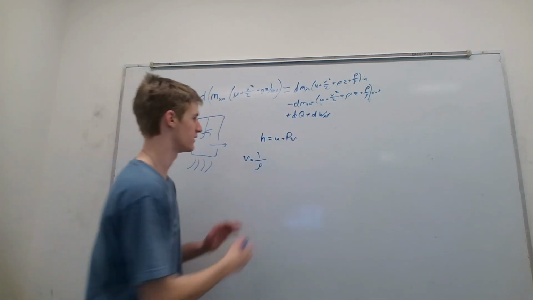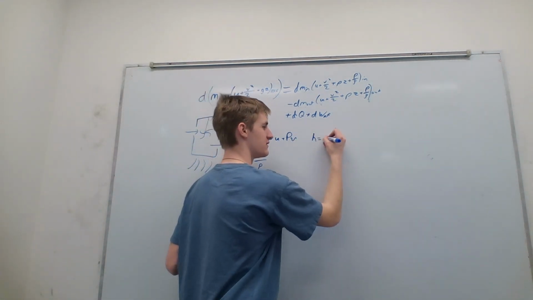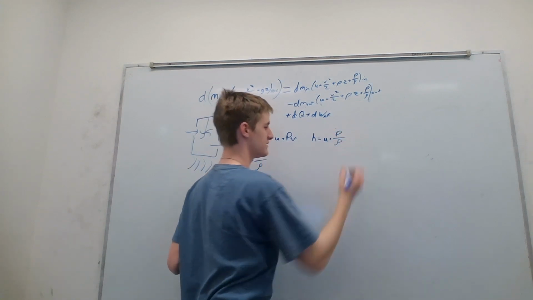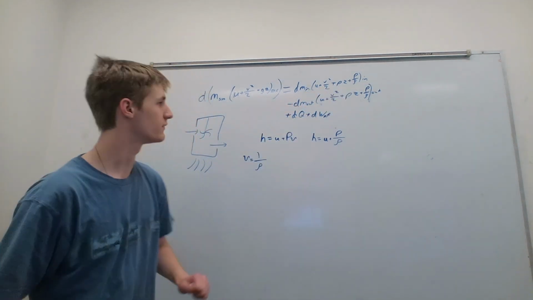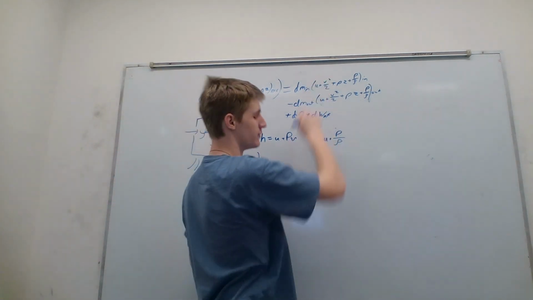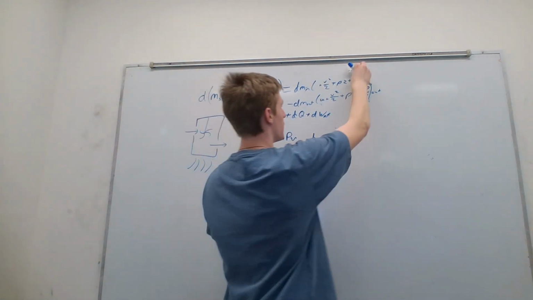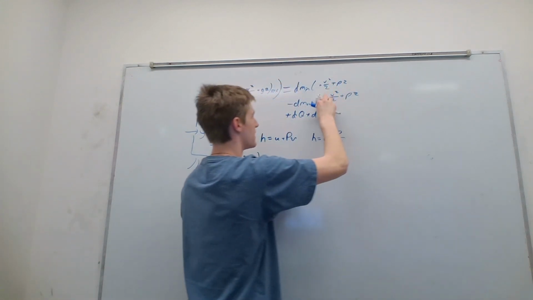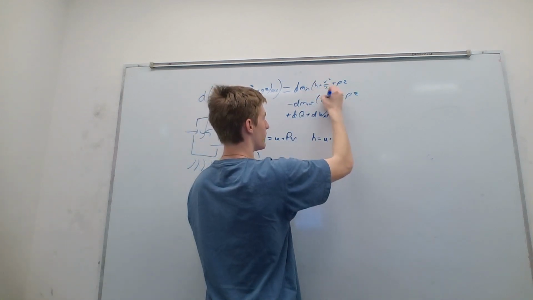Now if we substitute that in, enthalpy per unit mass equals internal energy per unit mass plus pressure over density. In this equation up here, we already have internal energy plus pressure over density, so we can substitute those. Now we have enthalpy.